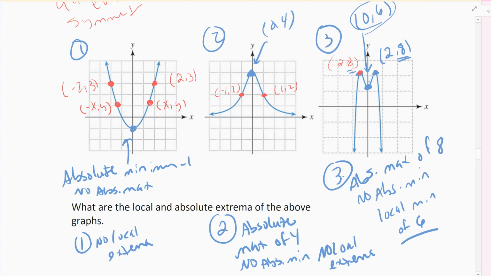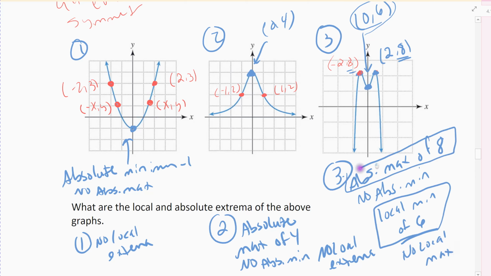And no local max. All right, so it's a local min, an absolute max, no absolute min, and no local max. So that's even symmetry, and then practicing our max and mins again.